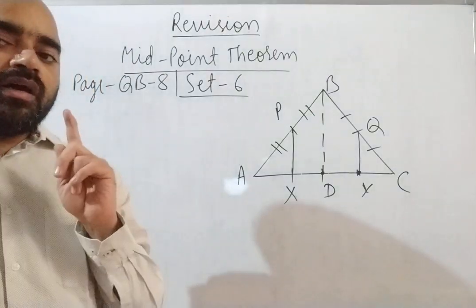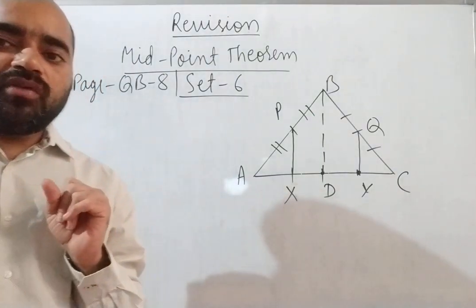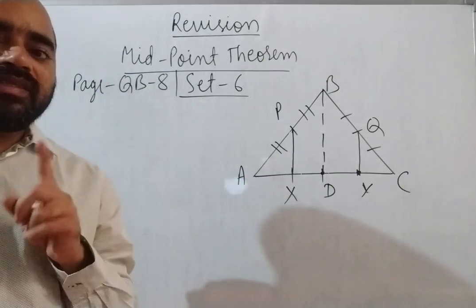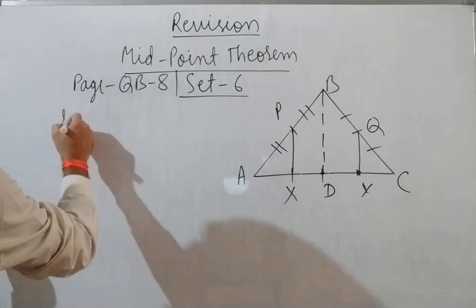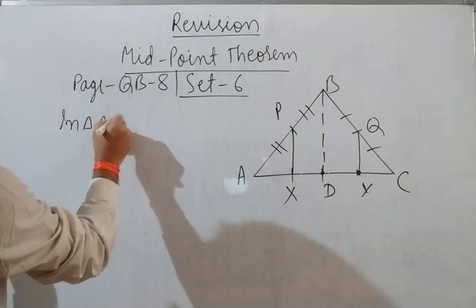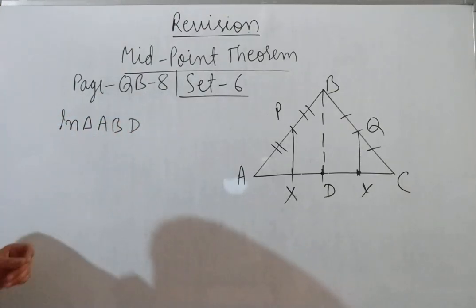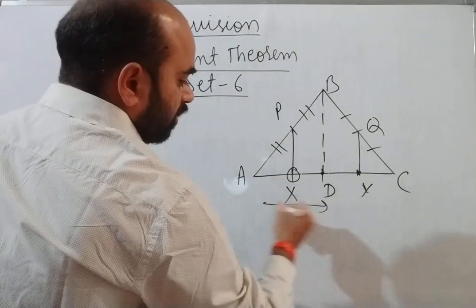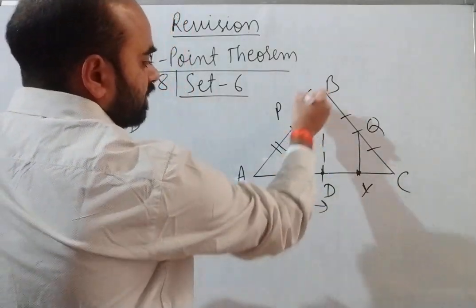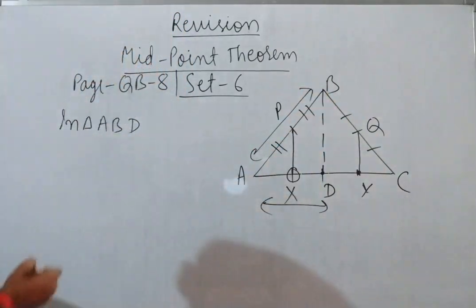Why? Remember, midpoint theorem is applicable in a single triangle. So if you will take triangle ABD, in triangle ABD, X is the midpoint of AD and P is the midpoint of AB, correct?